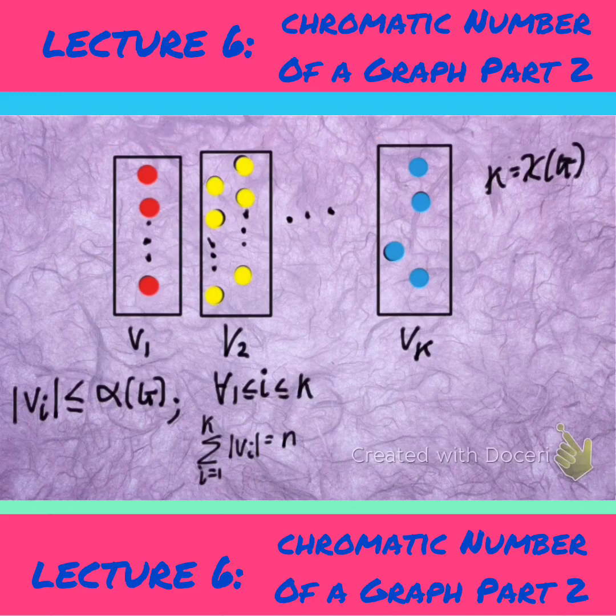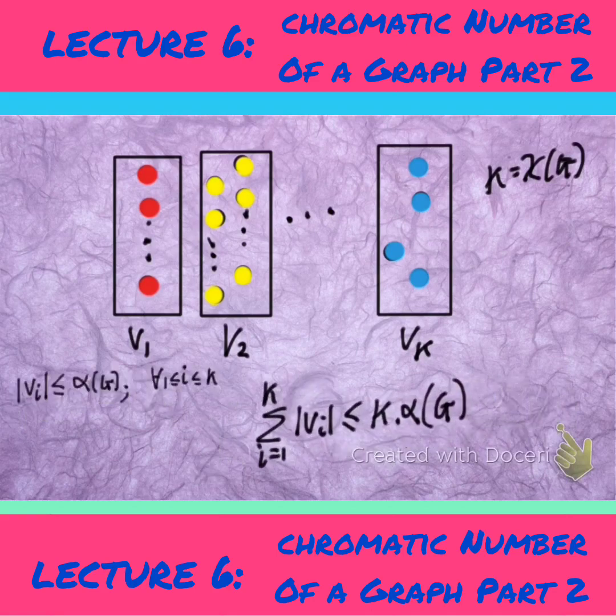Now from there we can say that this sum is at most k times alpha of G, because each one of these terms is at most alpha of G. Remember we said the sum is equal to n.